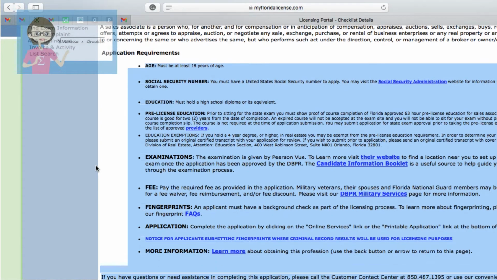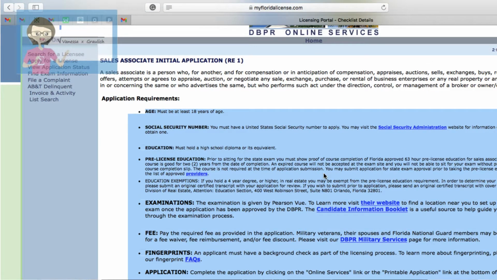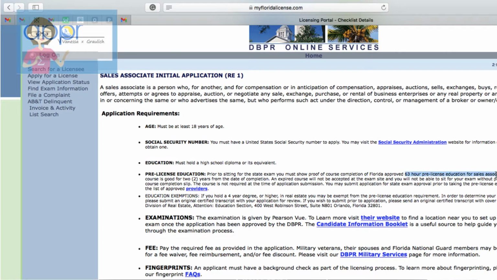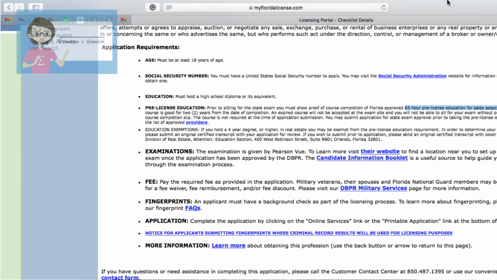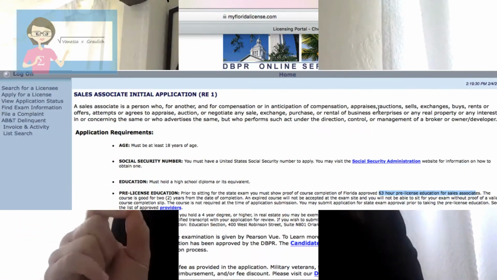So the first step is you become a sales associate, and this is the definition: you're basically going to be compensated with commission, and they explain it here. So what do you need in order to be a sales associate? Well, the age must be at least 18 years.